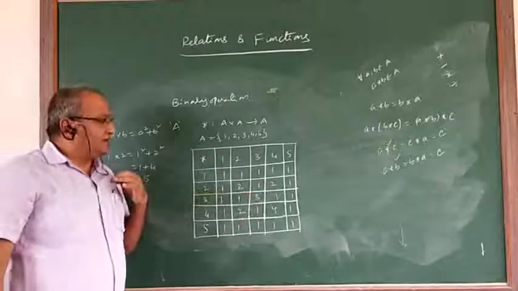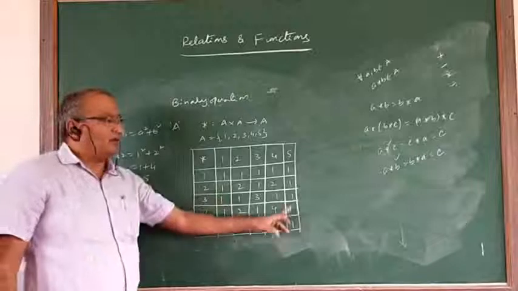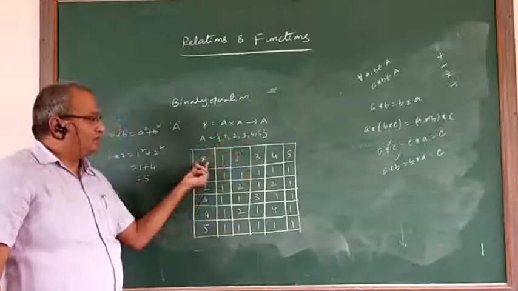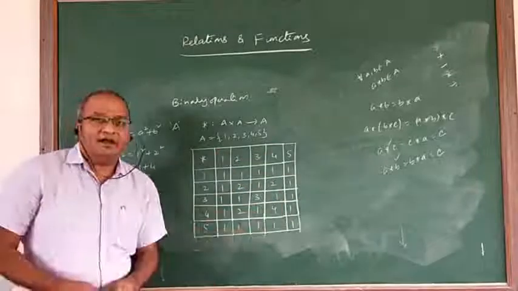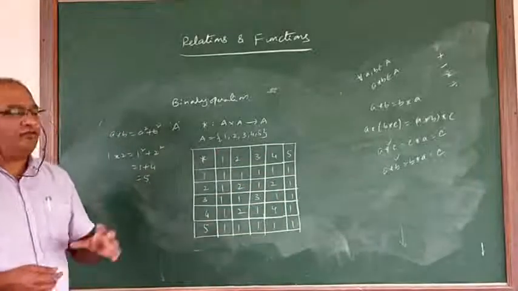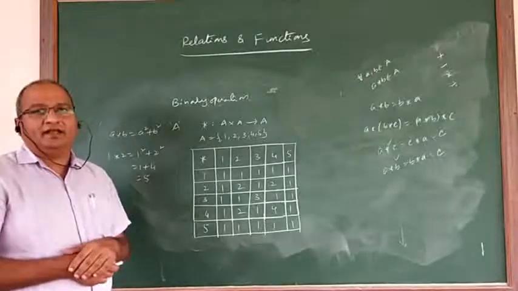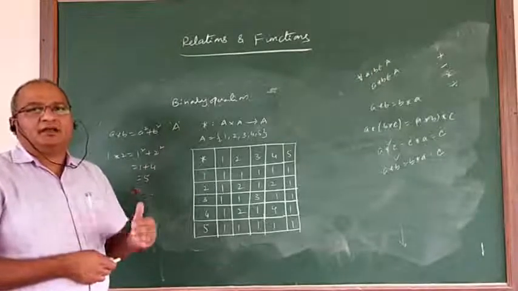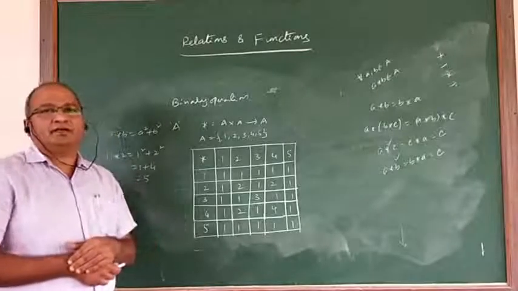So here in the table, all the elements belong to A only. Therefore this star is a binary operation. This table is called a binary operation table. From the binary operation table, we can find the identity and we can find the inverse. That we will see in DBP if such type of problems come.